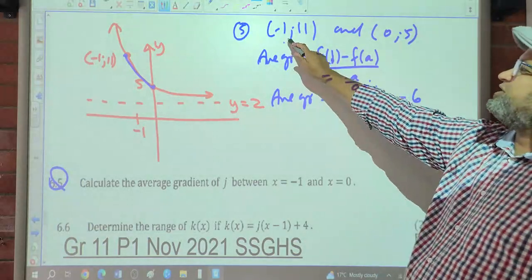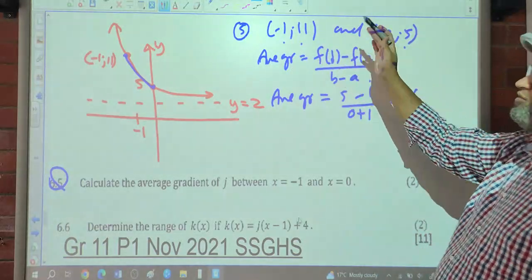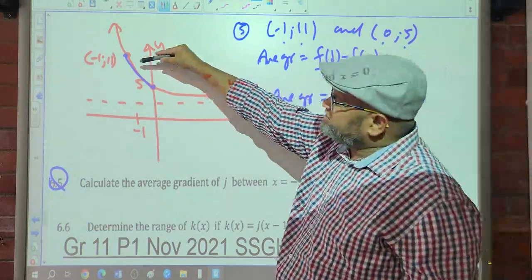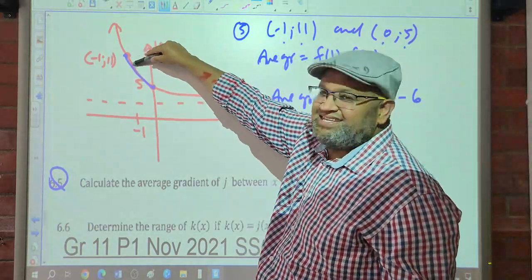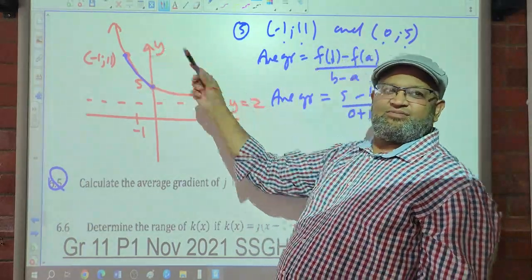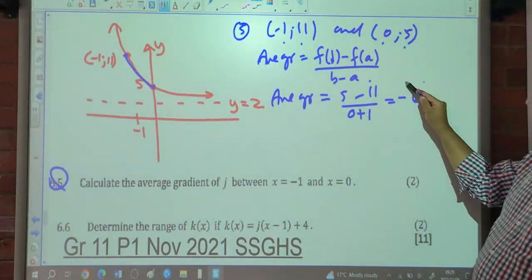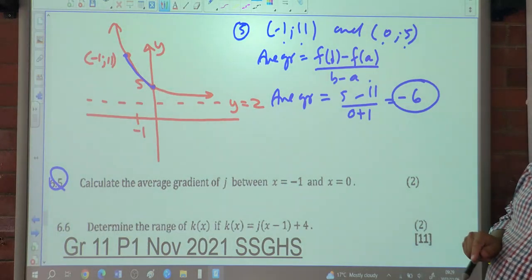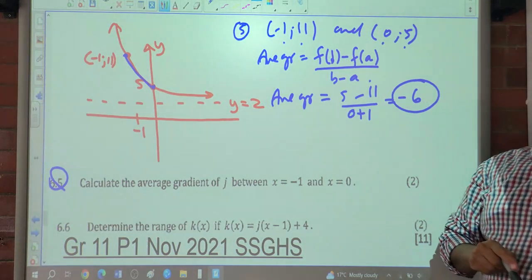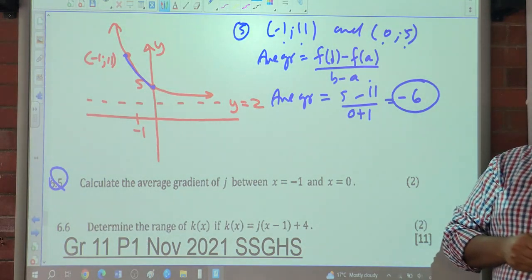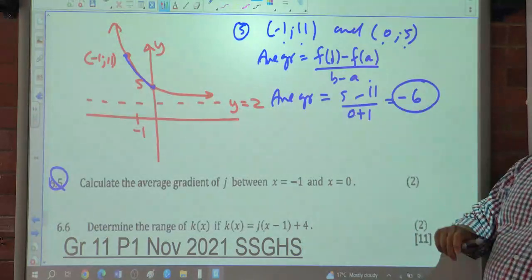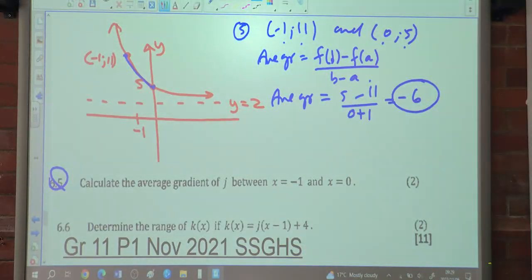Provided that you made that x1 and y1, x2 and y2, or vice versa. What you also notice is that the graph is decreasing, not so? Hence the gradient here. If they ask you to interpret this, what would it be? The graph is decreasing at the rate of 6 units between negative 1 and 0.